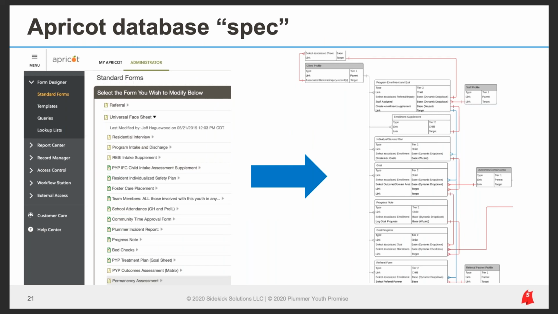Great, thanks, Sarah. A spec project sounds like a buzzy word, but there's a reason why we need to take a step back and look at Apricot from the big picture. Apricot is an application builder.